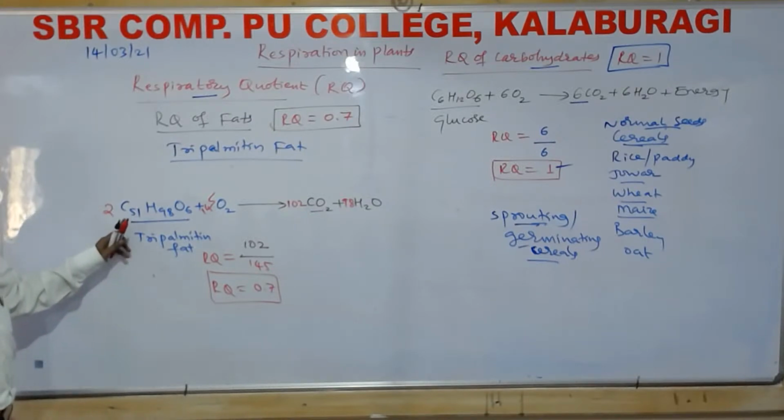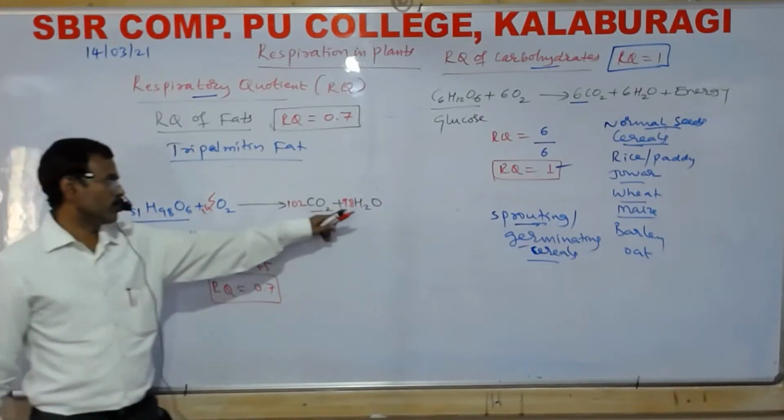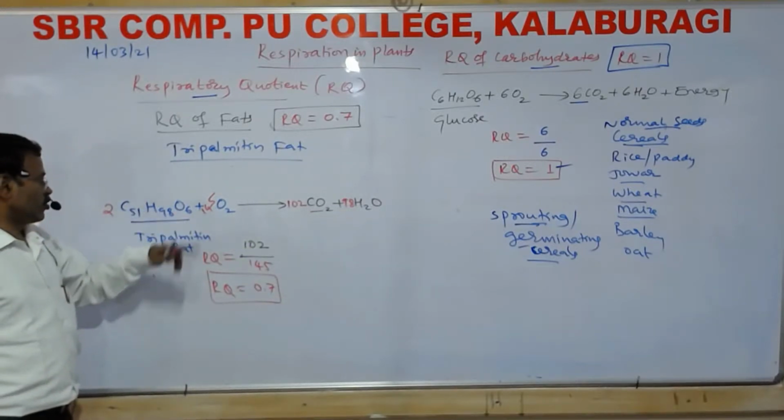Carbon 102, then hydrogen is 98 into 2, 196. 98 into 2, same. Oxygen, check.